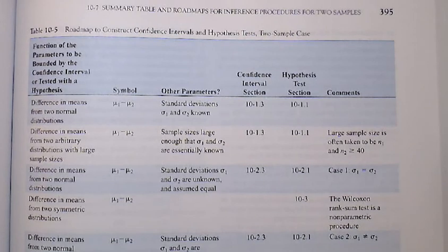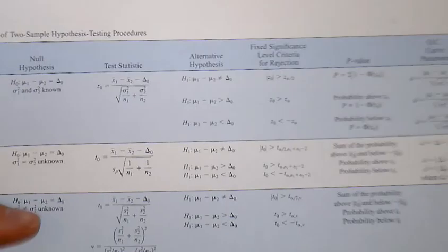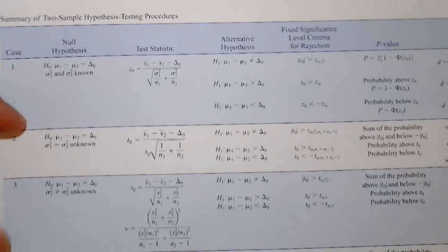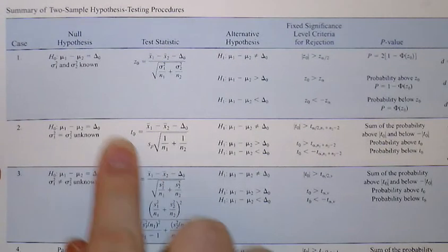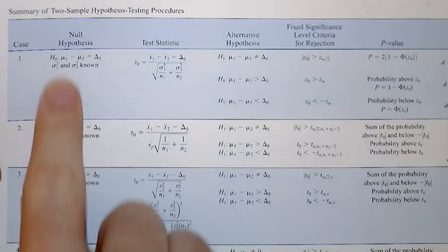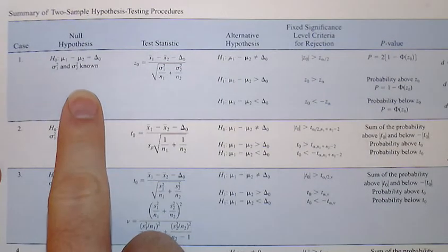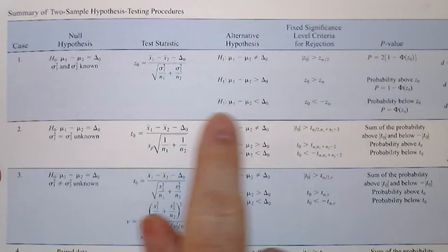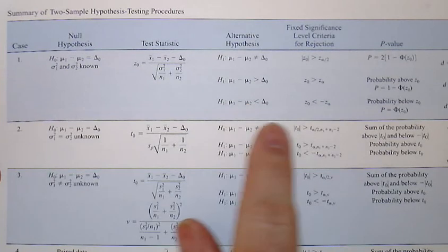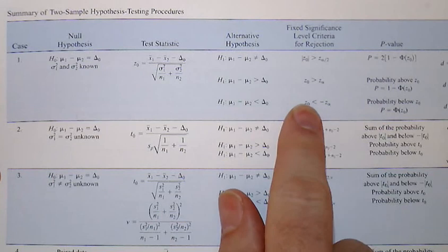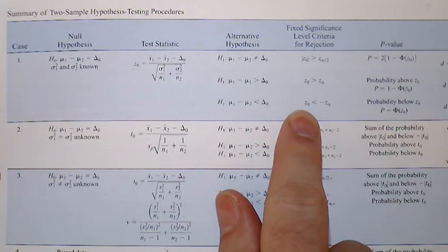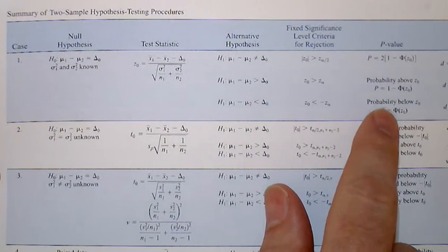Right, so I'm assuming, of course, that you have a book, and you might not. You might have the e-book, and so you'll have to find the equivalent. But on that back cover, you've got the same kind of thing that we had for the 1 sample, a summary of 2 sample hypothesis testing procedures, these various cases. Here's the null hypothesis spelled out, here's the test statistic, and what the alternative hypothesis is, and then how you approach this, whether you're going to look at a fixed significance level criterion for the rejection or some equivalent way of looking at it in terms of the p-value.